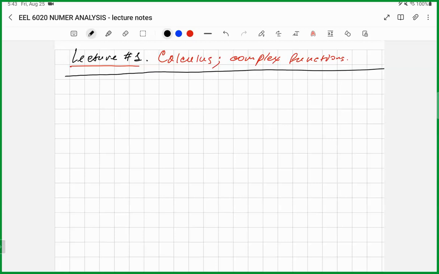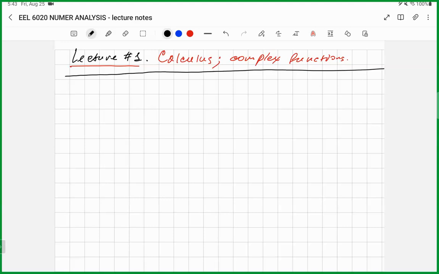But since this is not my first year, I'm aware of the need to remind students about all the concepts, to catch up. So calculus, complex functions, and let's see what else will be included in this first lecture.